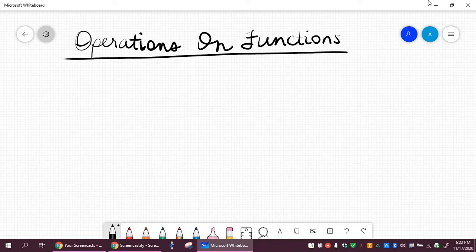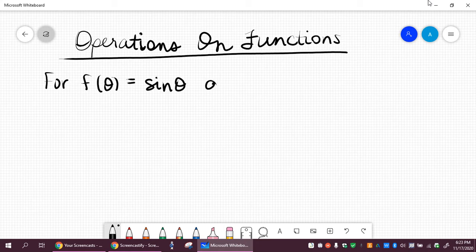So now we're going to talk about operations on functions, this time dealing with angles. So let's say that I give you something like this. For f of theta, let's say is equal to sine theta, and g of theta is equal to cosine theta.